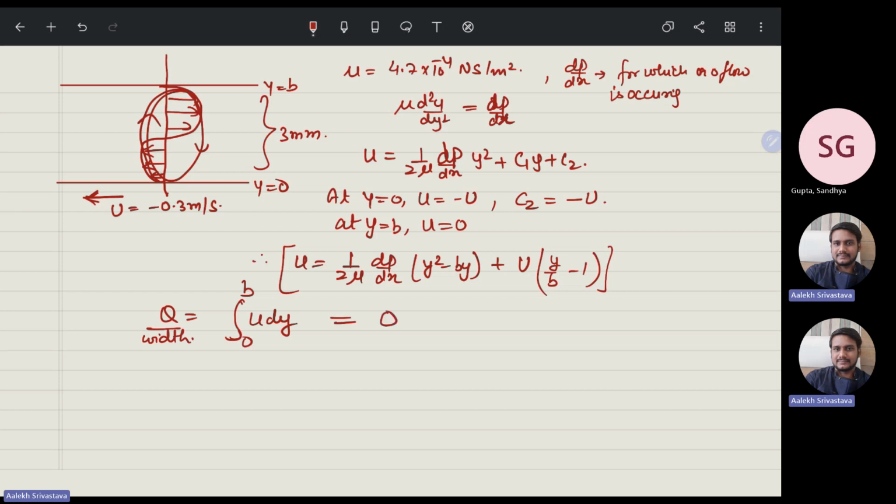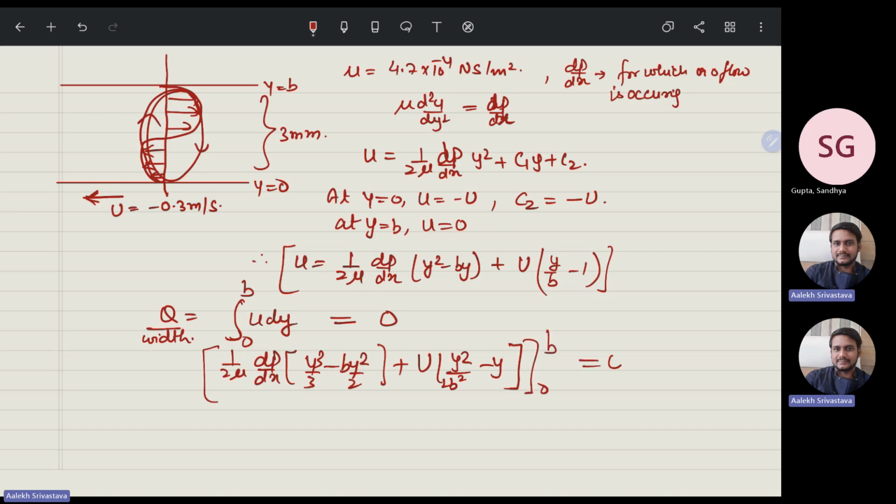That is, if we integrate over the whole channel, there would be no flow. So if we make this 1 by 2 mu dp by dx into y cube by 3 minus b y square by 2 plus U into y square by 2b minus y, and this whole has a limit of 0 to b, and that is equal to 0.